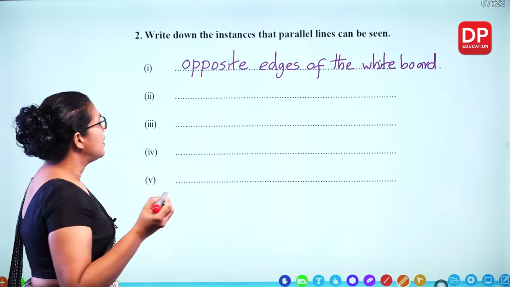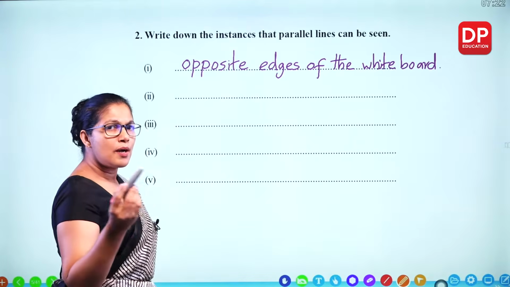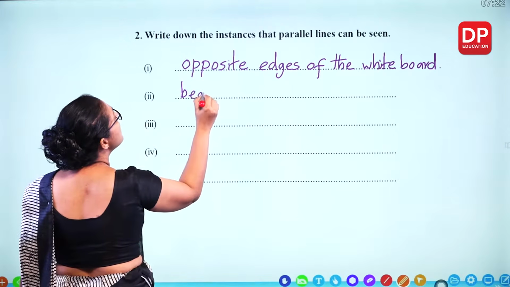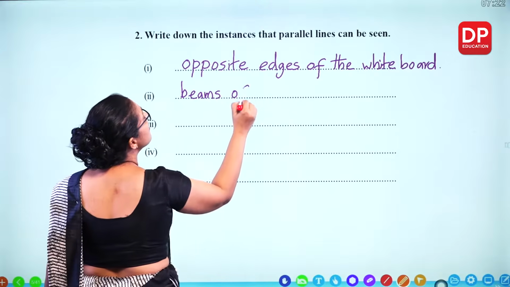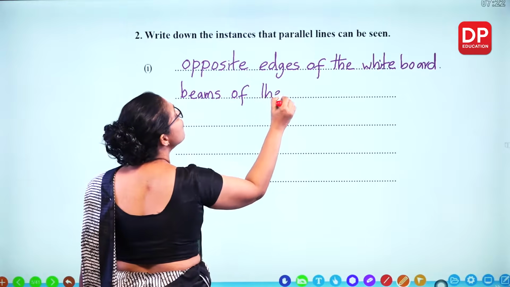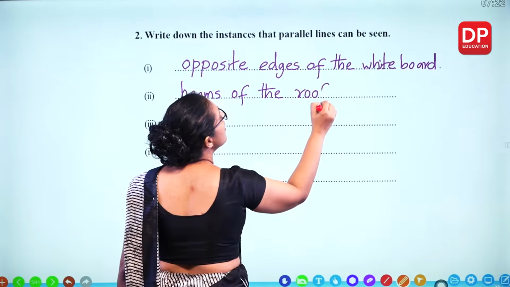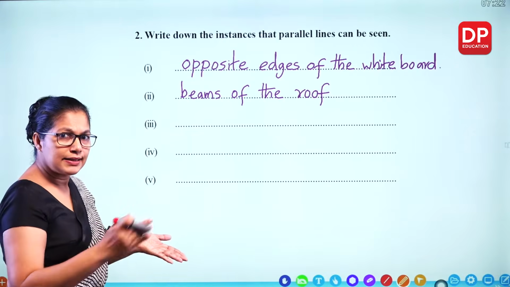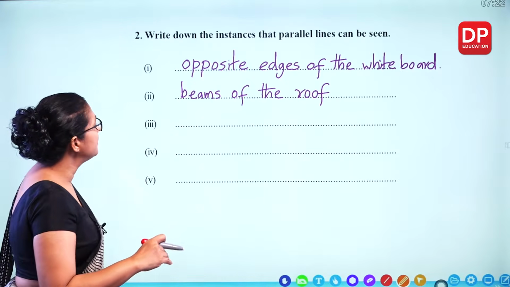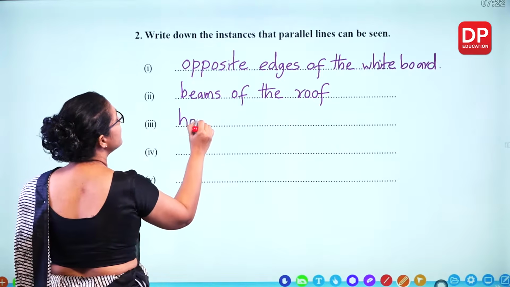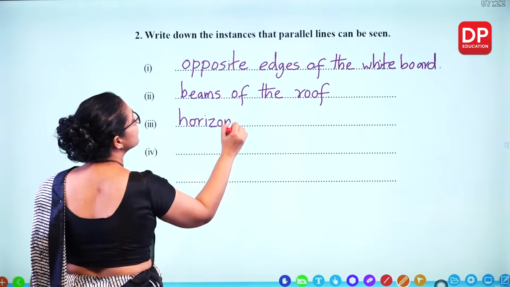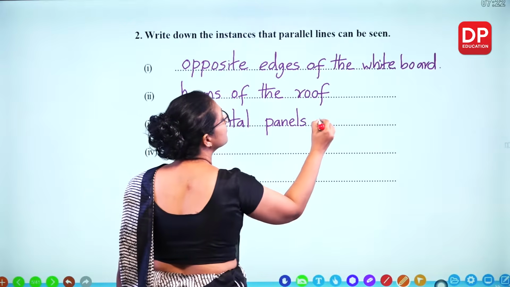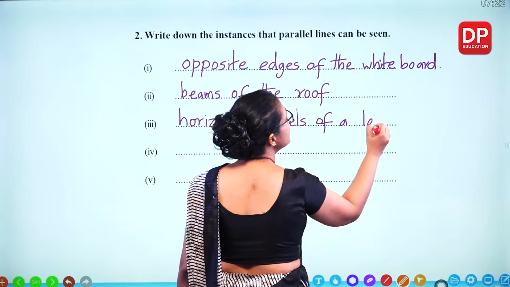Then when you take a roof, beams of the roof, or when you take a ladder, the horizontal panels of a ladder.